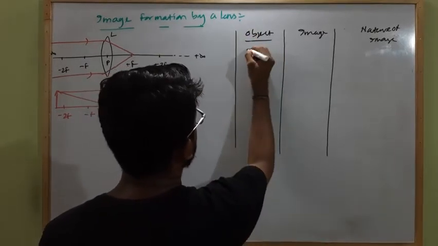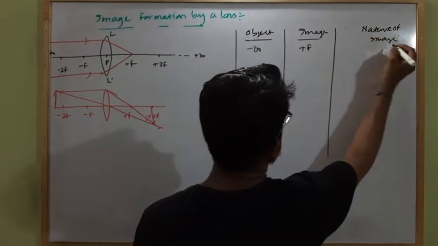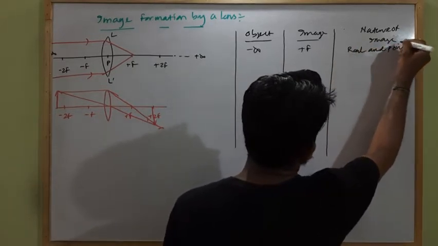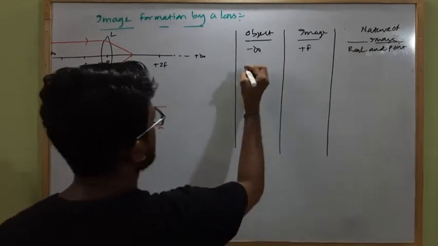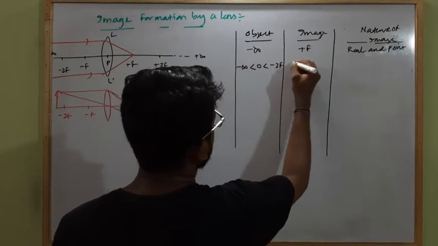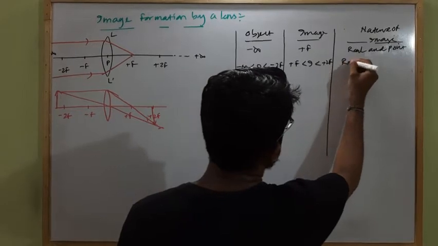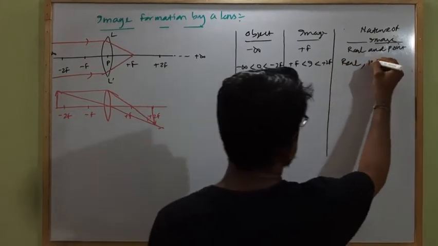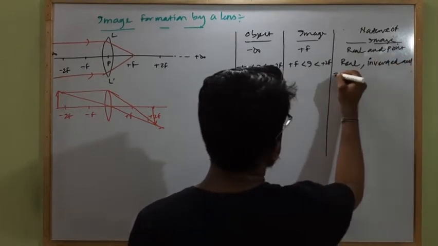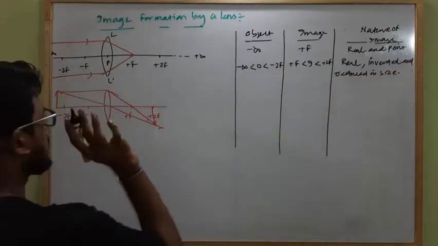So first, when object is at minus infinite, image is at plus f, and nature of image is real and point. Clear? Next case, when object is between minus infinity to minus 2f, image will be between plus f to plus 2f, and nature is real, inverted and reduced in size. Clear in this case? Clear?